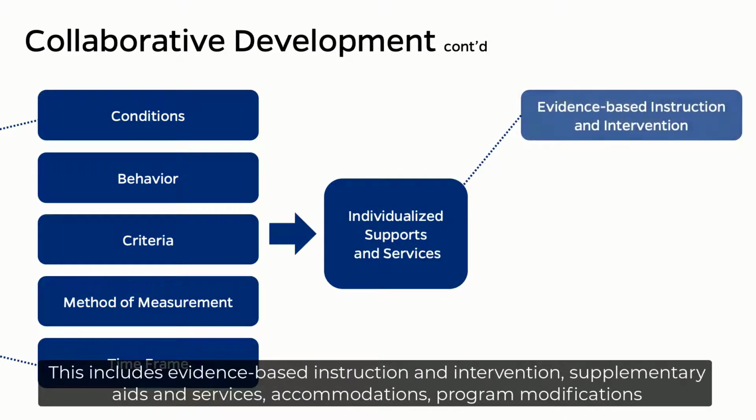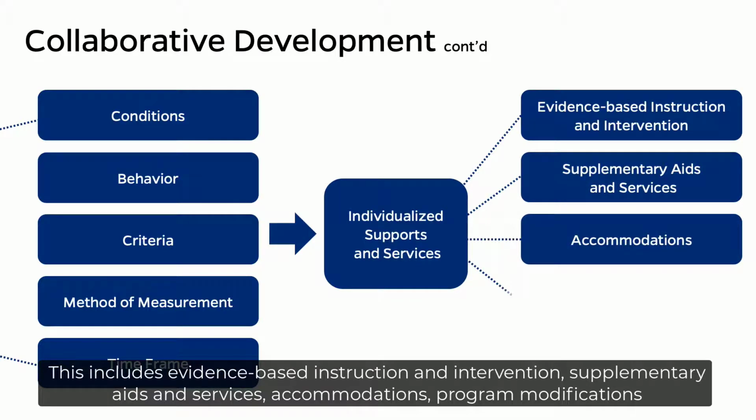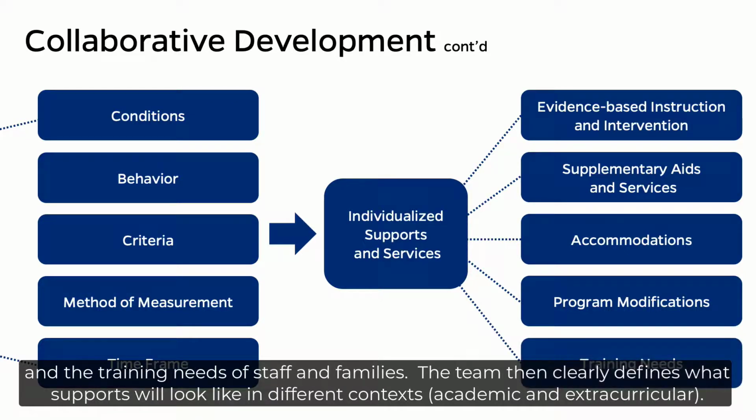This includes evidence-based instruction and intervention, supplementary aids and services, accommodations, program modifications, and the training needs of staff and families. The team then clearly defines what supports will look like in different contexts, academic and extracurricular.